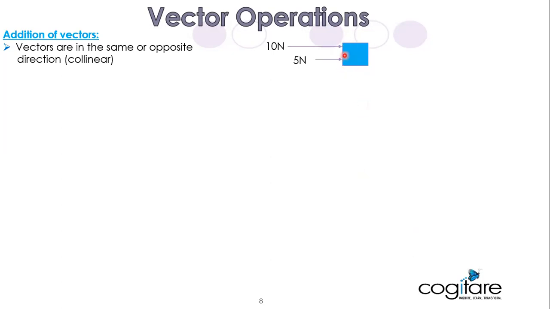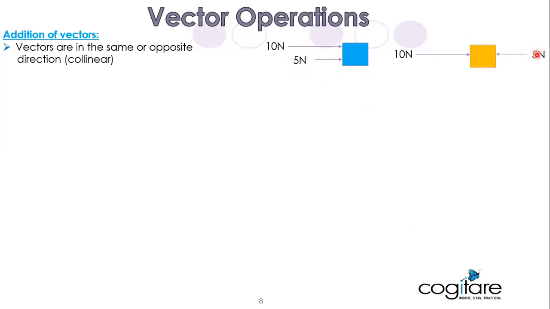This is the case of a box being pushed by two people in the same direction, 10 Newton, 15 Newton. The addition of vectors will be 25 Newton towards the positive direction of the x-axis. Whereas in this case, you have a force of 10 Newton along the positive direction of the x-axis.